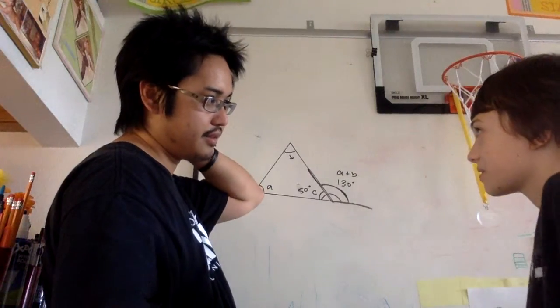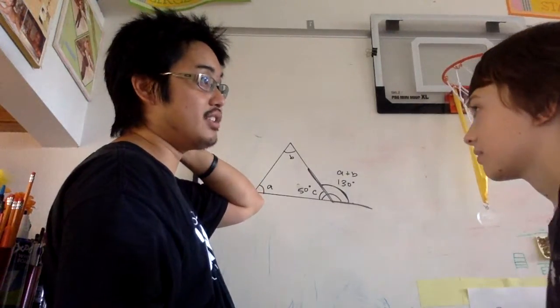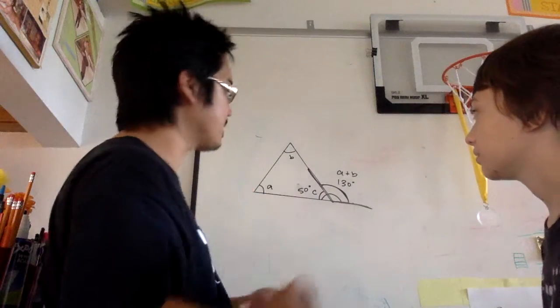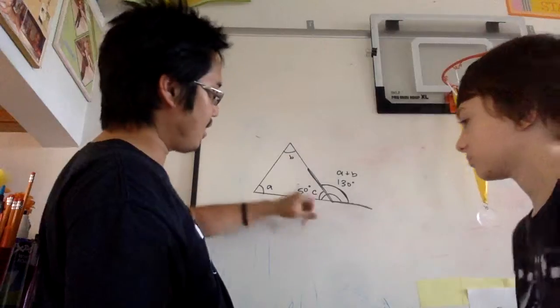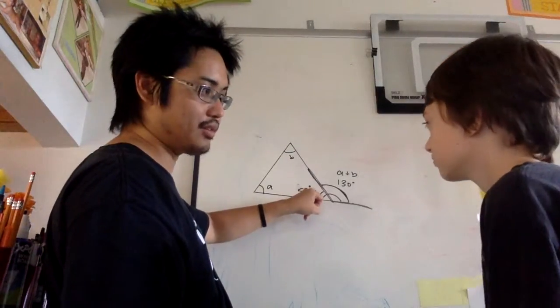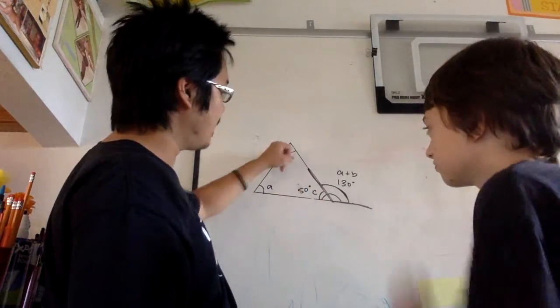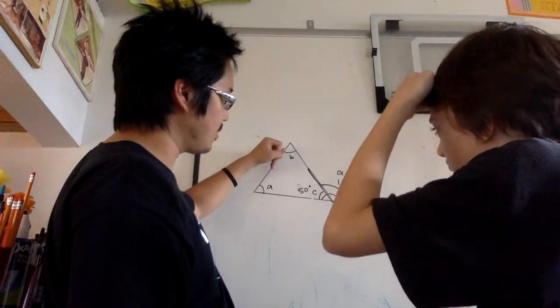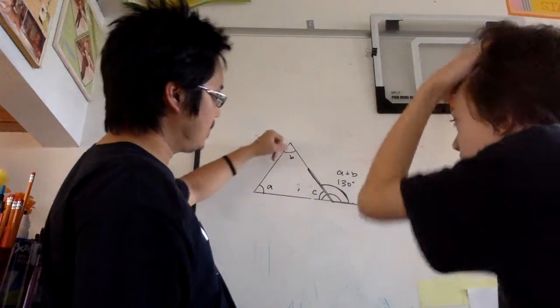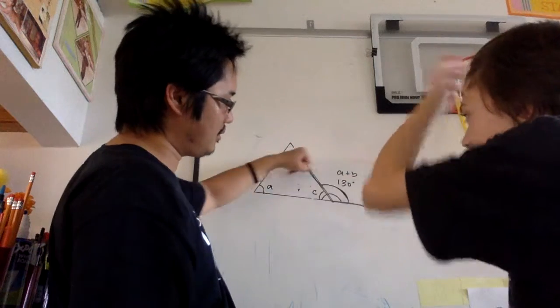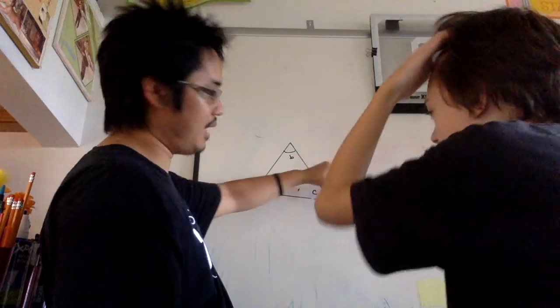Exterior means outside, and interior means inside. So these are the inside angles that are opposite from the angle that we're interested in, the 50. And so those added to 130. Or in this case, we know that this angle right here is equal to A plus B.